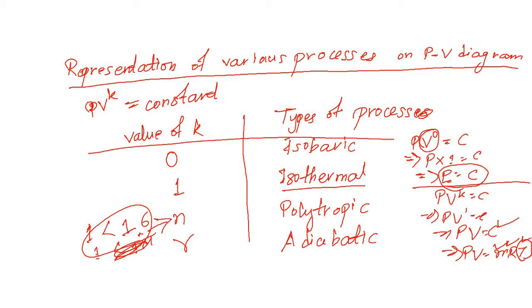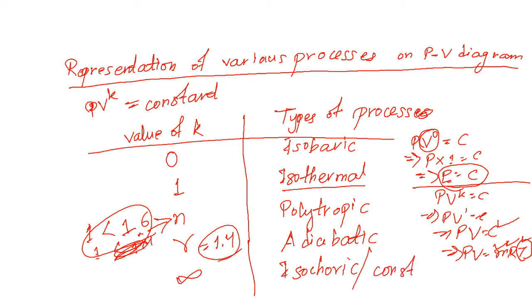Gamma means 1.4. K equal to infinity is the isochoric process. Isochoric means constant volume.